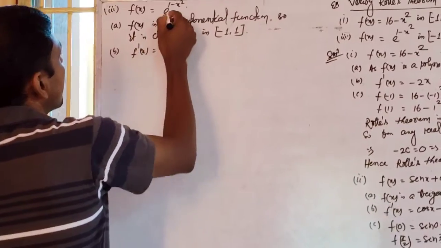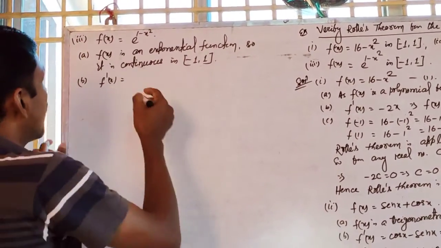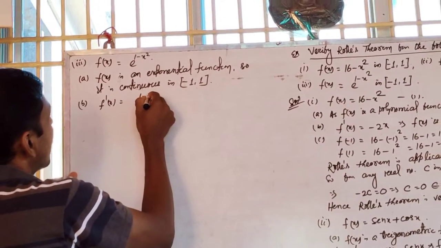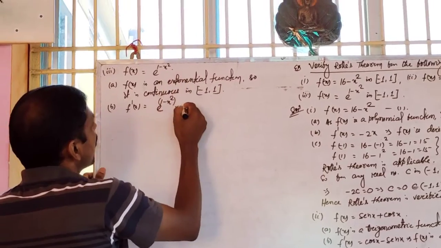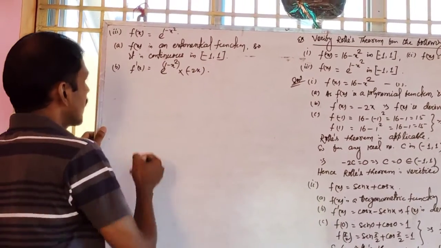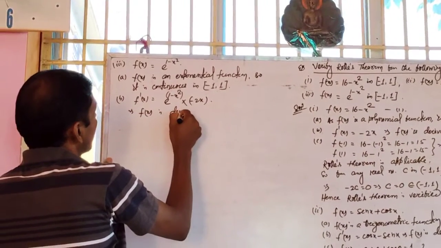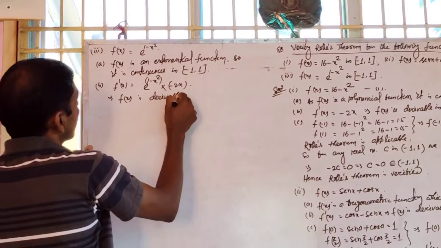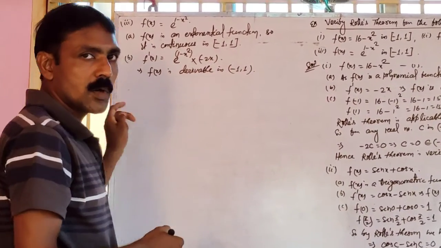Now find the derivative. It is in the form of e to the power x, and the derivative of e to the power x is e to the power x, so e to the power 1 minus x square into, by chain rule, the derivative of 1 minus x square, which is minus 2x. That means f of x is differentiable in the open interval minus 1 to 1.